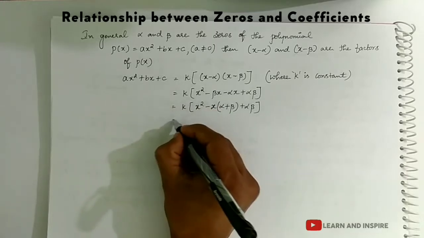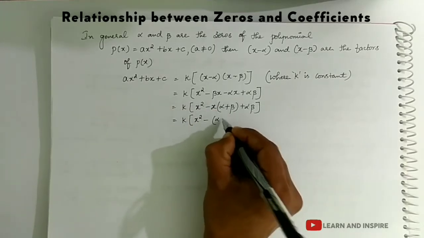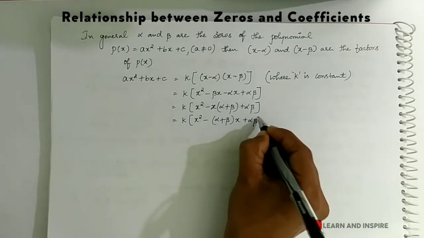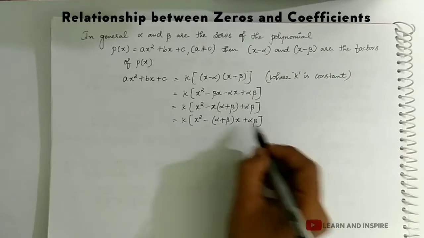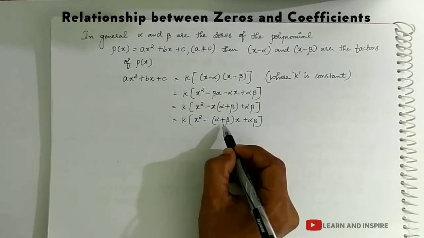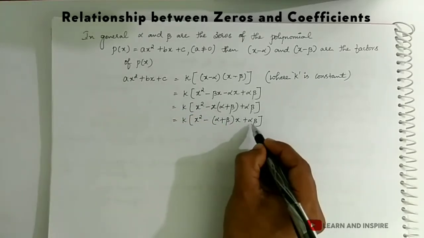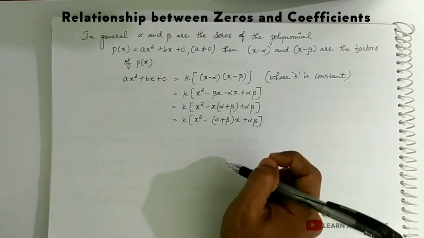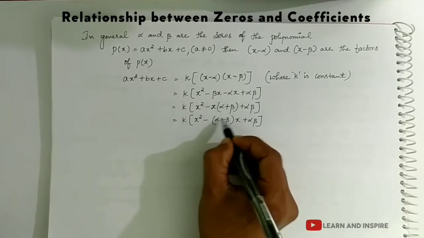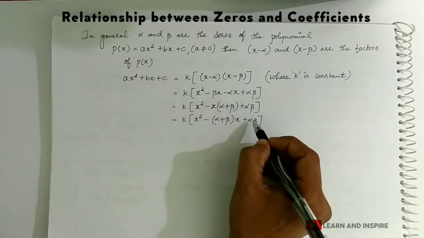So I write in order, which is equal to x square minus alpha plus beta into x plus alpha beta. So here what is alpha plus beta? Alpha plus beta is nothing but the sum of the zeros, as we have discussed in the previous topic, and alpha beta is nothing but the product of zeros. So x square minus, alpha plus beta is sum of the zeros, into x plus product of zeros.